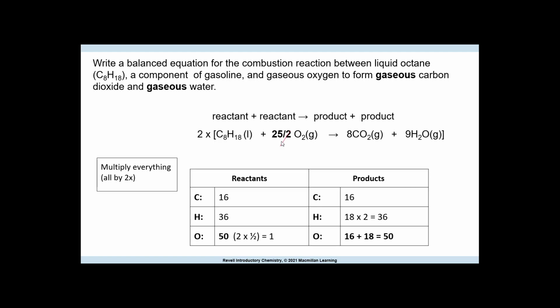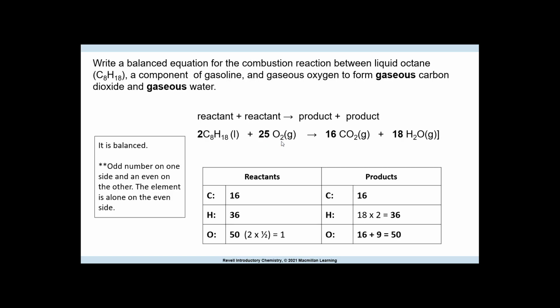So by doing that, let's show you the after effect. So I have a 2, I have 50, I have 16, and I have 18. And if you add these all up, this is 16. Carbons, I have 16. Hydrogens, I have 36. Hydrogens, I have 36. Oxygens, I have 50.